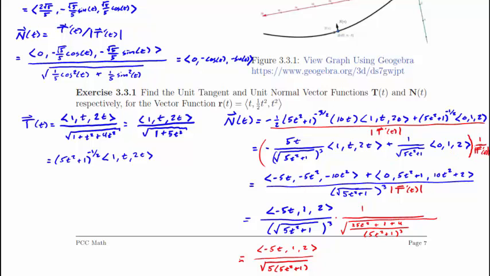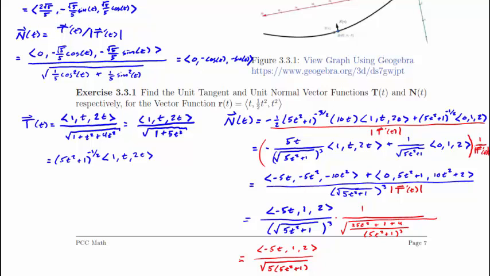And then on the next line, I took the 1 over the square root of 5t squared plus 1, multiplied it top and bottom by itself twice so that we would have a common denominator. When I do that, then I multiply that into this vector. When I multiply this by itself twice, it's just 5t squared plus 1 because it's just the square root of 5t squared plus 1 squared.